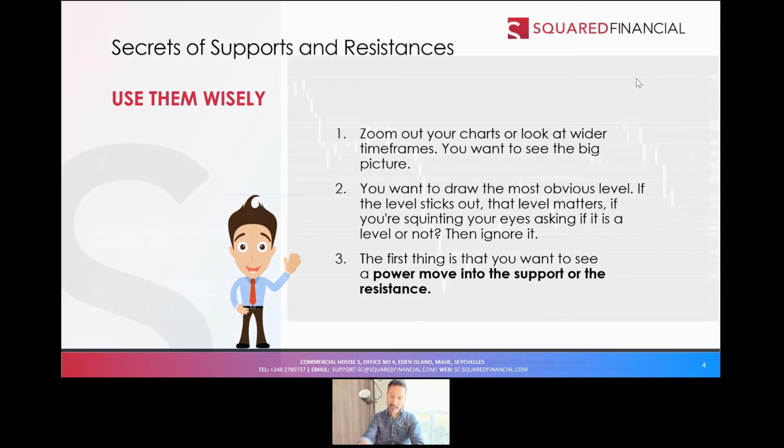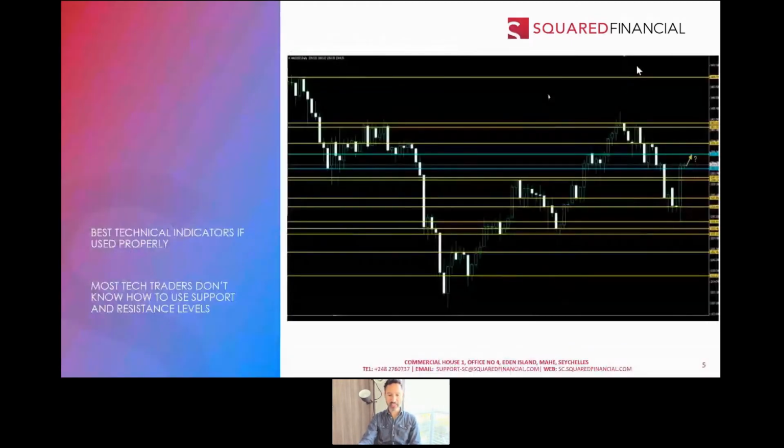For example, this is a chart that I pulled off one of my students. And I asked him, what is this? Is this a shutter window? He says, no, these are support resistance levels. You can't draw something like that and expect to make money. There are support and resistance levels every single 20 or 25 pips. So they're not obvious.